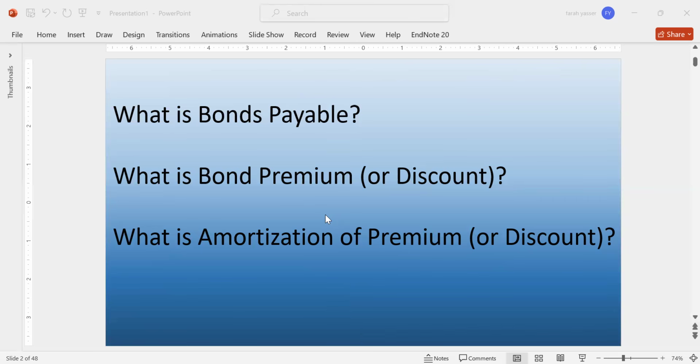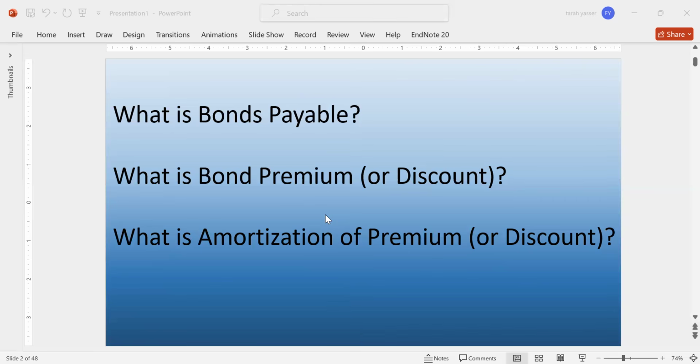So the bonds are issued higher than their face value. The difference, which is $2, is the bond premium, and this happens when the bond's rate is higher than the market interest rate.